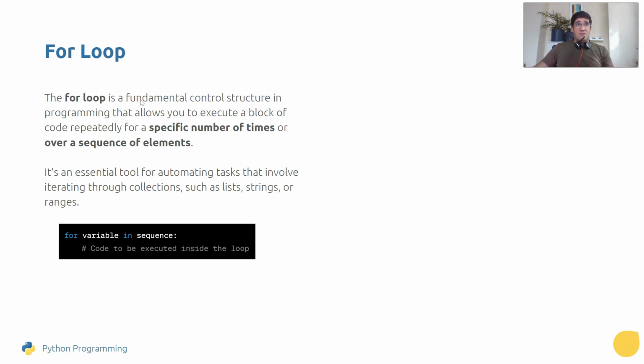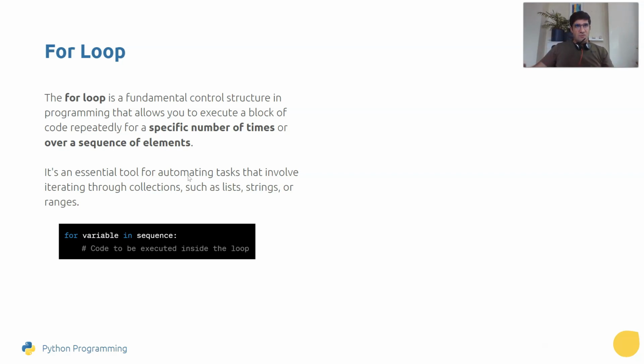So the for loop is a fundamental control structure in programming that allows you to execute a block of code repeatedly for a specific number of times or over a sequence of elements. In fact, you can run a block of code multiple times, or you can run a specific operation on each element of, for example, a sequence.